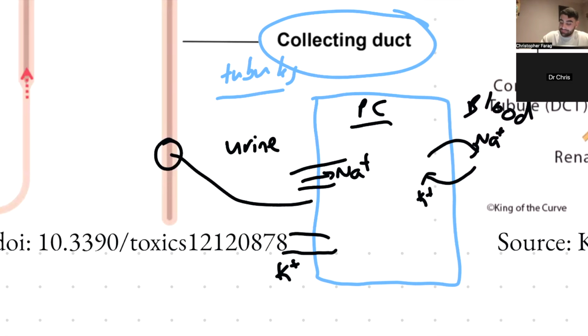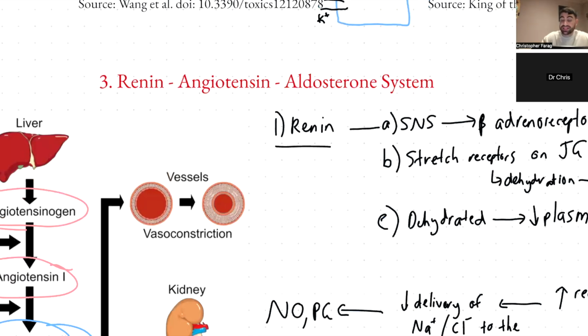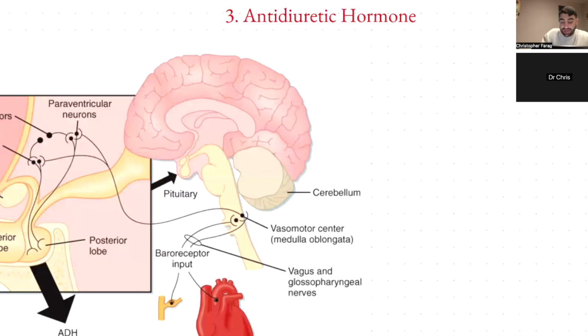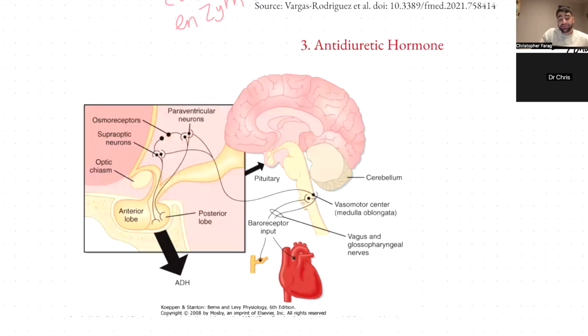All right. Now, the final one we said we're going to mention is antidiuretic hormone. Now, antidiuretic hormone is not technically part of RAAS, but is very much influenced by the RAAS system. Antidiuretic hormone is produced in the posterior pituitary, the posterior lobe of the pituitary gland in the brain.